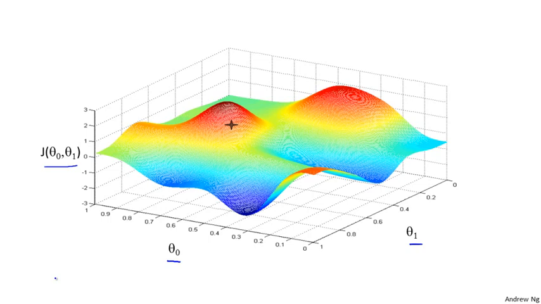In gradient descent, what we're going to do is spin 360 degrees around, look all around us and ask, if I were to take a little baby step in some direction, and I want to go downhill as quickly as possible, what direction do I take that little baby step in, if I want to physically walk down this hill as rapidly as possible? Turns out that if you're standing at that point on the hill, and you look all around, you find that the best direction to take a little step downhill is roughly that direction.